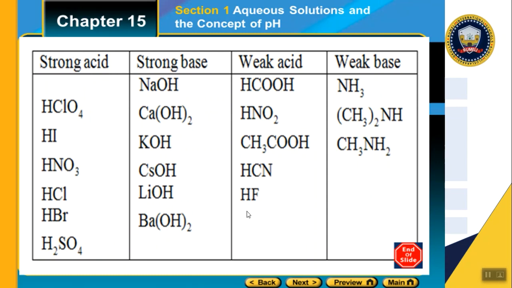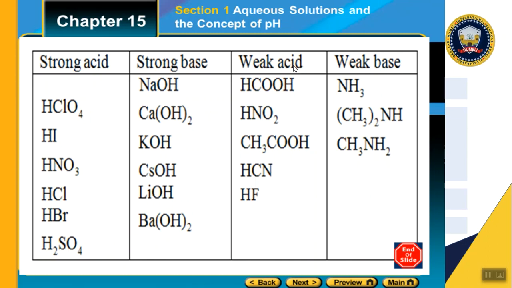Why? This is according to the electronegativity. Fluorine has the highest electronegativity in the periodic table. So the bond between H and F is very, very strong. So the ionization of HF in water is very weak. So it is a weak acid.